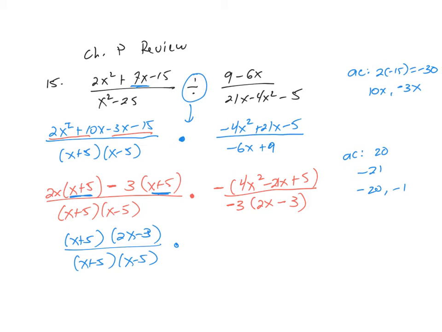So I'm going to split the 21x. I'm going to write 4x squared minus 20x minus 1x plus 5 all over negative 3 times 2x minus 3. We're going to keep factoring now.